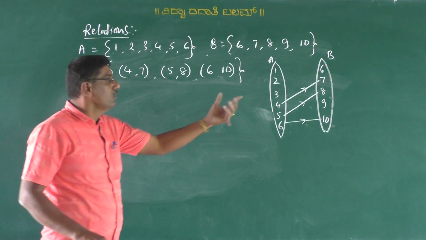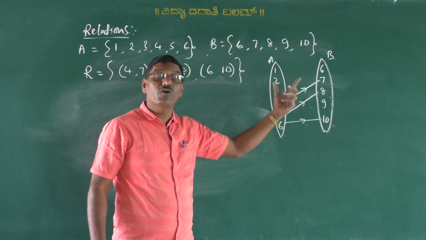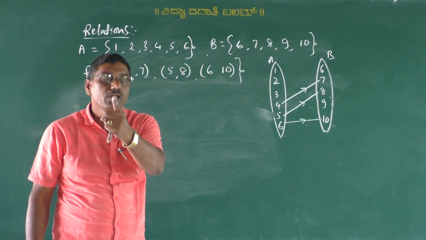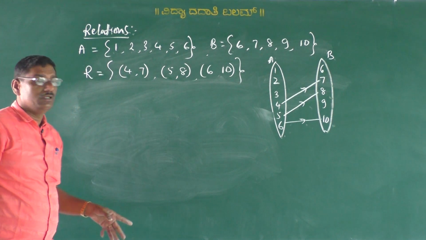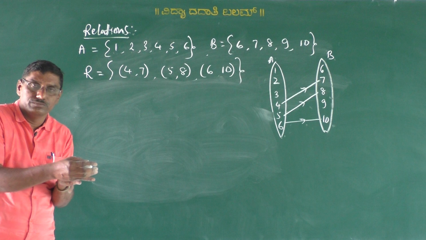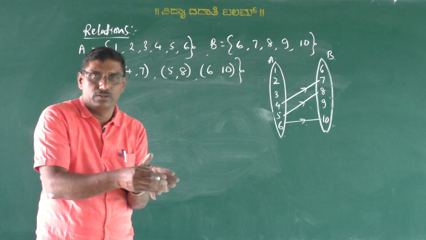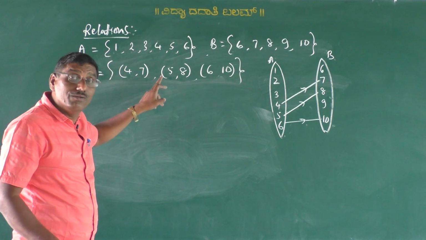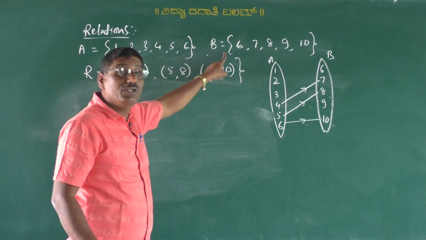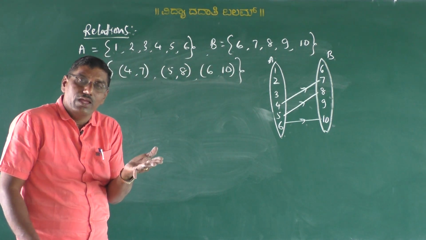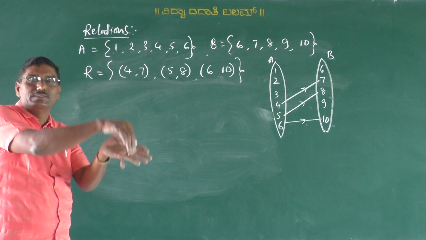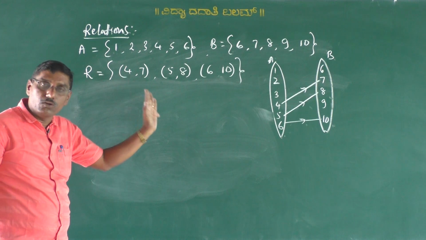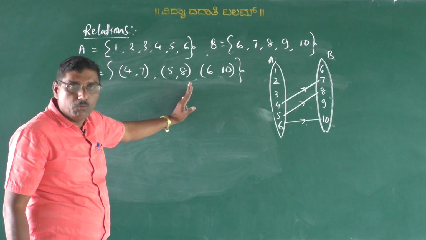And also we can represent relations by a diagram, which we call an arrow diagram. I have already told this. We can represent in an arrow diagram. Yes, we can define a relation on a set itself. For example, consider a set A. Here I defined the relation by using two sets, and also we can define a relation on A itself. We can define it that way, my children.